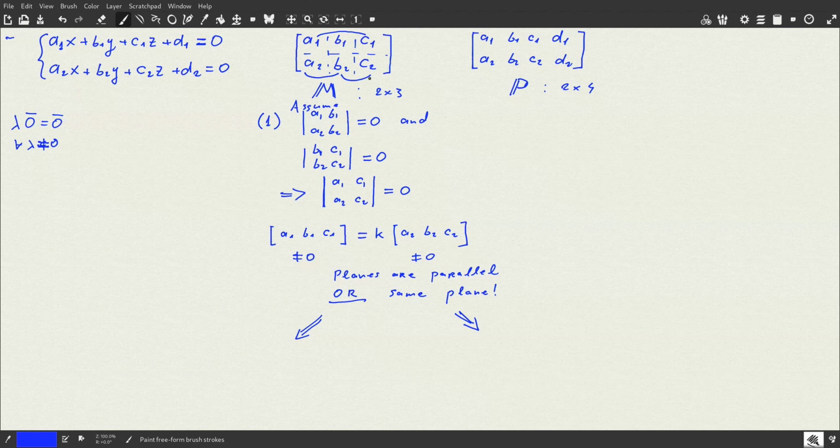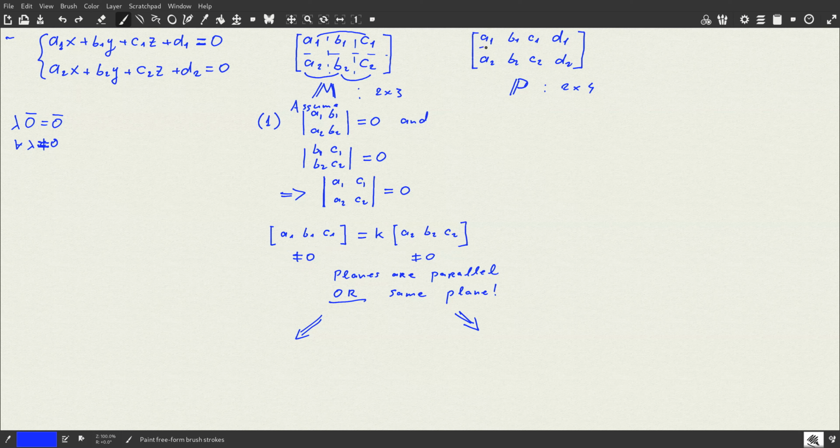But we can ask a similar question about this extended matrix P, which is now a 2 by 4 matrix. If the first row and the second row in matrix M are linearly dependent, so there is this proportionality relation between them, then what can we say about the rows of matrix P? It depends. They may be linearly dependent, or they may be linearly independent.